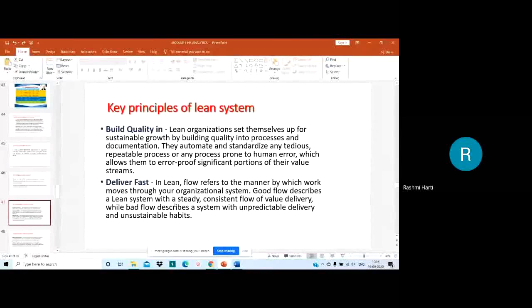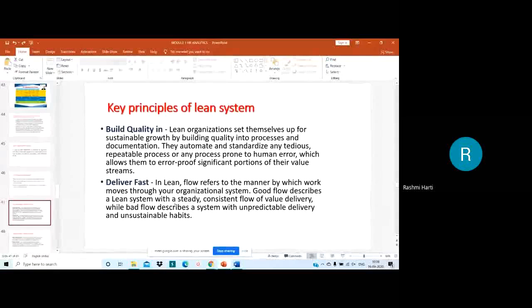So they keep a record and document each and every process, see to it that human errors are avoided, and focus more on the processes where humans are prone to error. They go for tedious and repeated tasks and train the employees in such a way that human error is avoided, and you have error-proofed significant portions of the value streams, right?